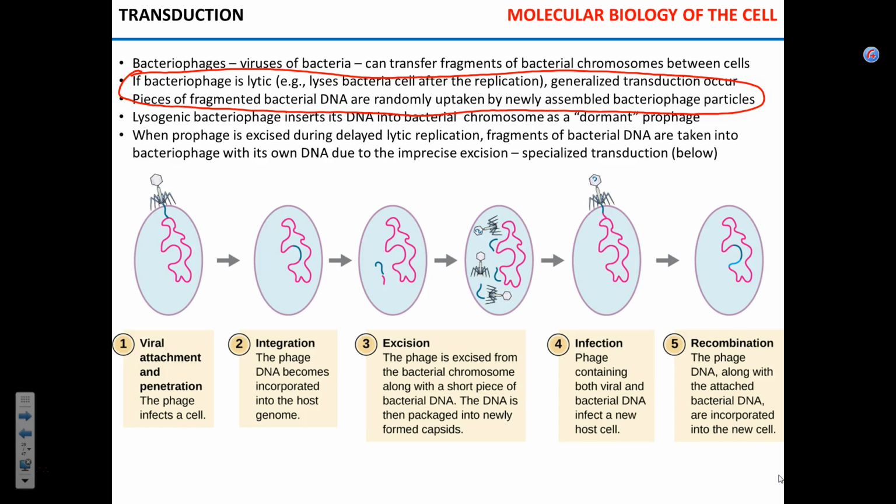Now, there are other types of phages, so-called lysogenic phages. Have you heard about herpes virus? Well, I believe you have. What's so interesting about herpes? What's the difference between herpes virus infection and, say, influenza infection?